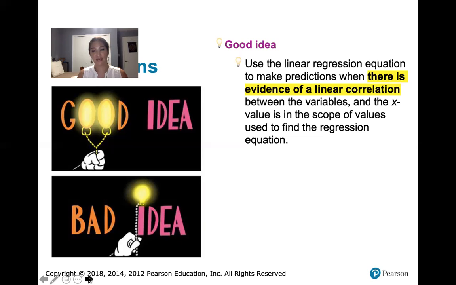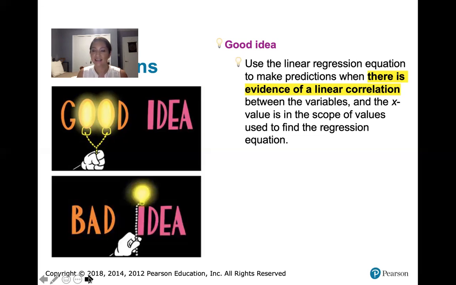And we don't want to choose X values that are extremely low compared to all the X values that were used to come up with our equation. We want our X values to be within that range of X values that we started with so that that linear approximation of the data is appropriate. We're never 100% sure that that linear pattern is going to continue as we keep going in either direction.